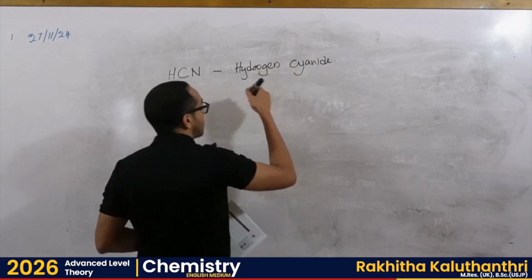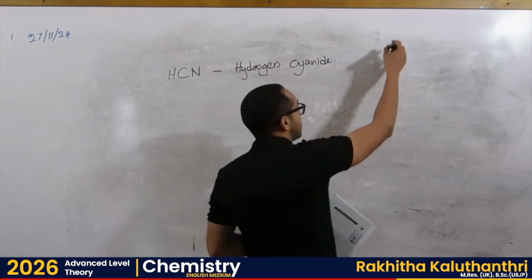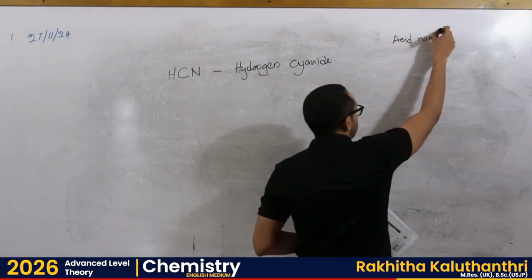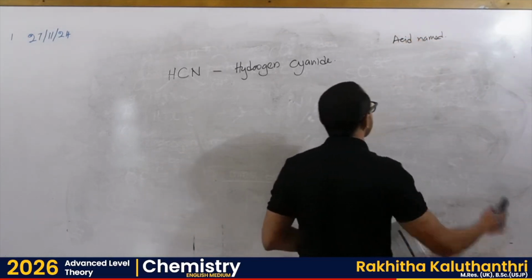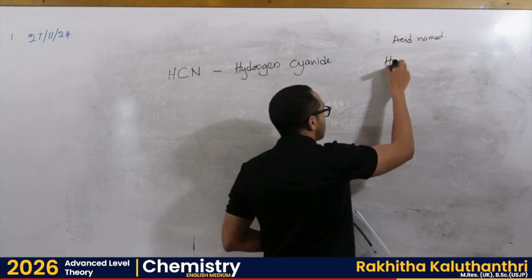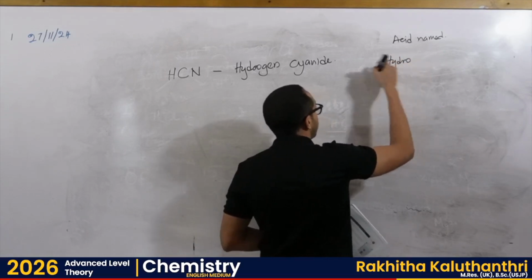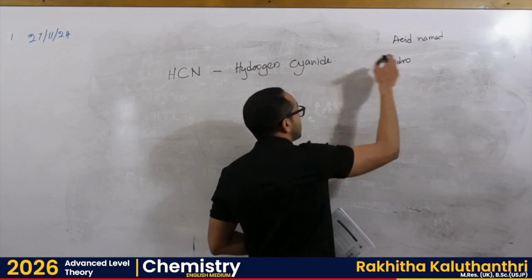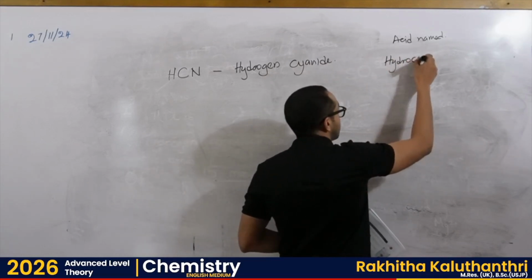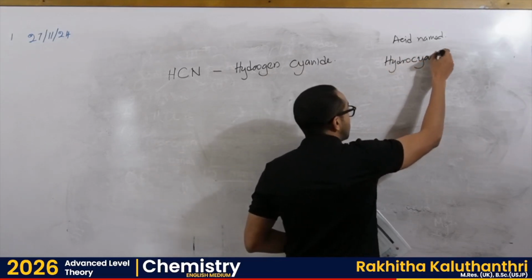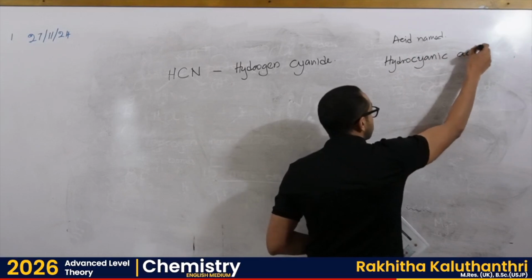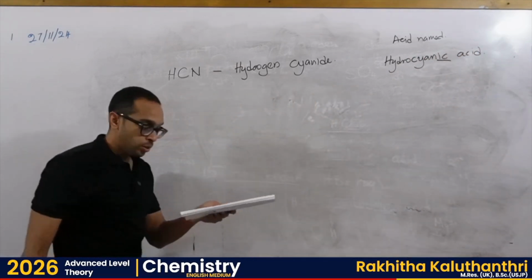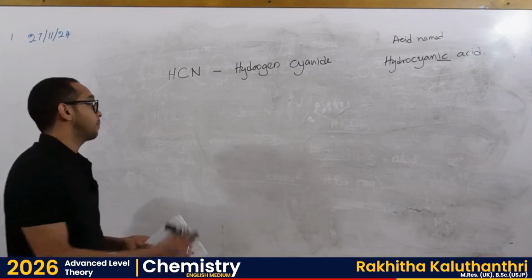But when it is present as an acid, the acid name is what? Hydro. This is cyanide, it changes its name to cyanic. So it's now cyanic acid. It ends with IC now. So it's called hydrocyanic acid.